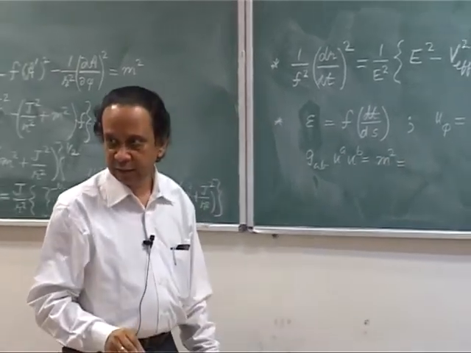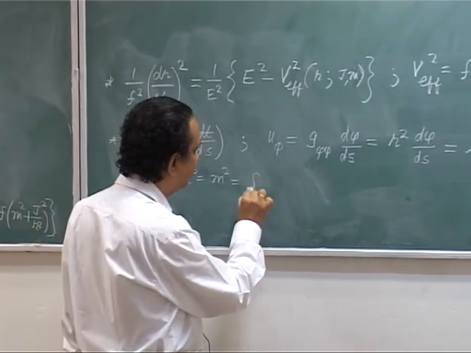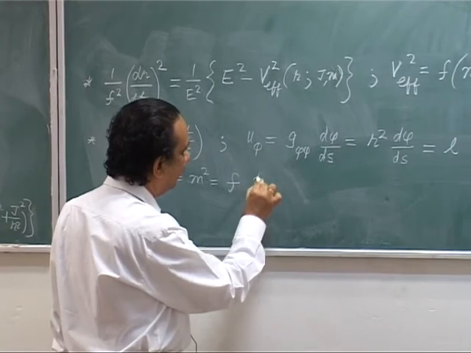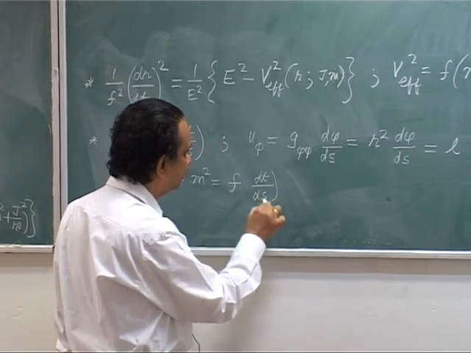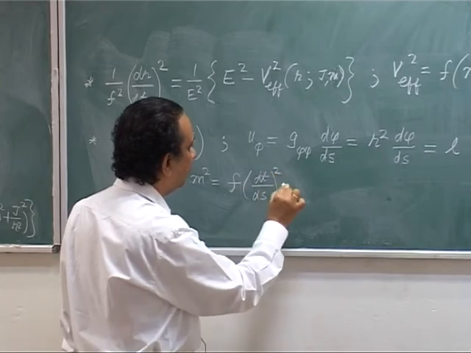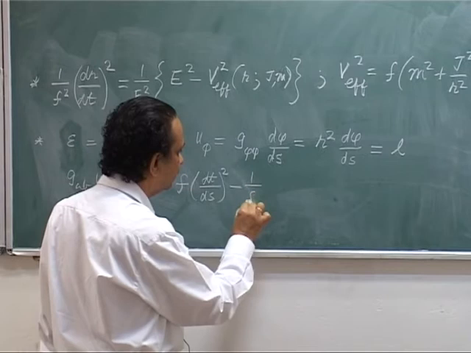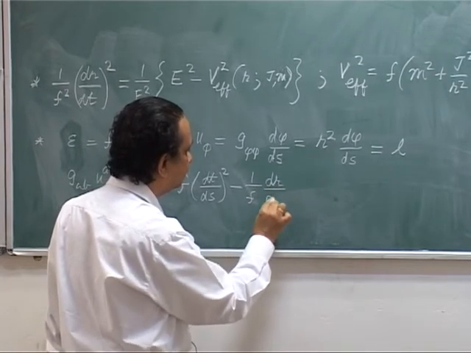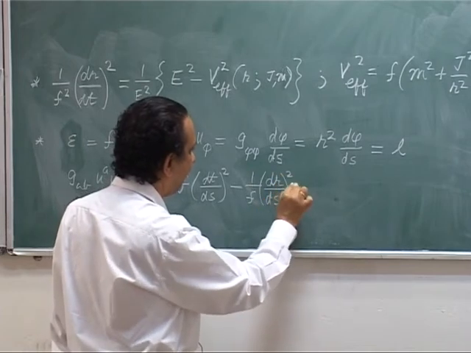So, let us expand this out. If you do that, GAB will give you first F, then U0, that will be dt by ds the whole square, minus 1 upon f dr by ds the whole square. Okay.